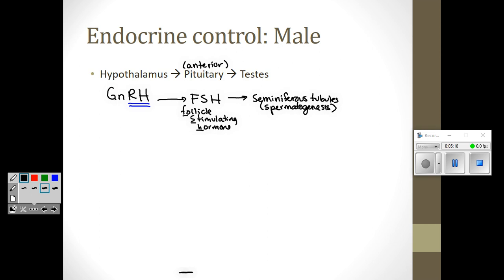So FSH is stimulating spermatogenesis. Now the seminiferous tubules can also make a hormone called inhibin. And inhibin can have negative feedback on FSH. So just like with a lot of other hormones, there's negative feedback control.